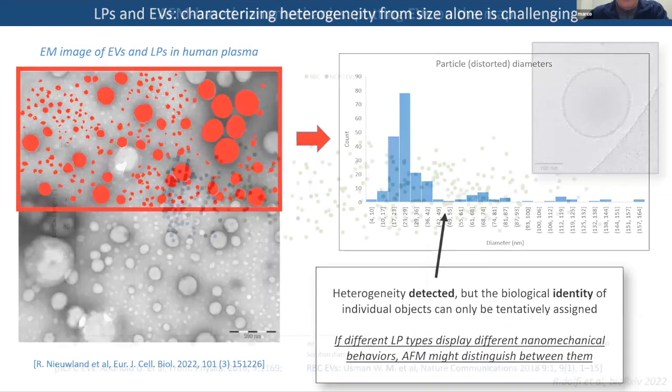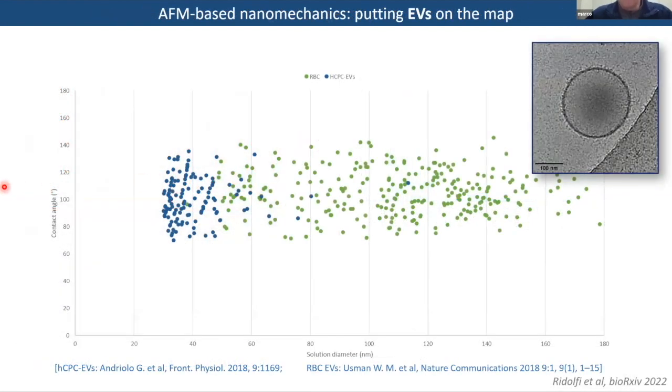So what we did was, first of all, we started with EVs as a reality check, let's say. We took EVs purified by our colleague Lucio Barile at Cardiocentro Ticino.